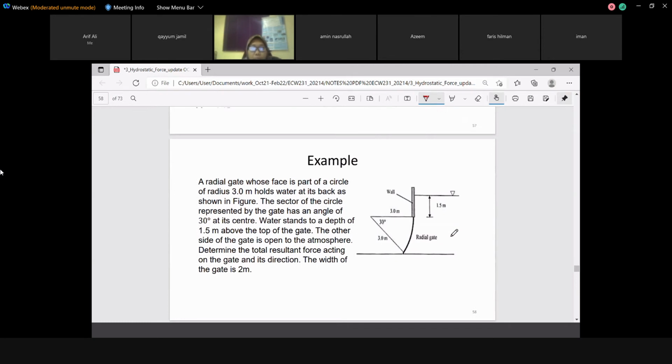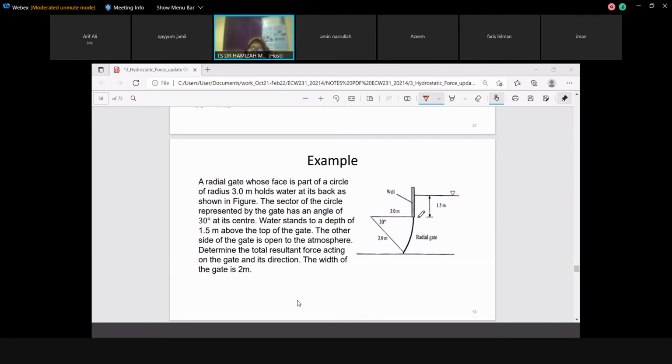Okay, so first thing, this one is structure ataupun gate containing fluid or displacing fluid. Containing ke displacing, Iman? Displacing. Very good, betul.